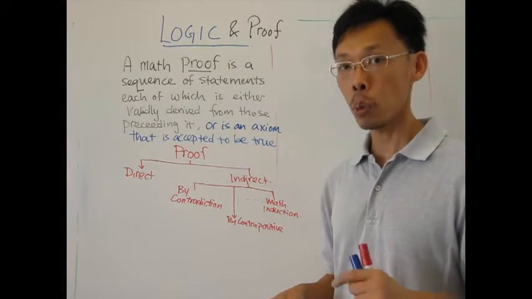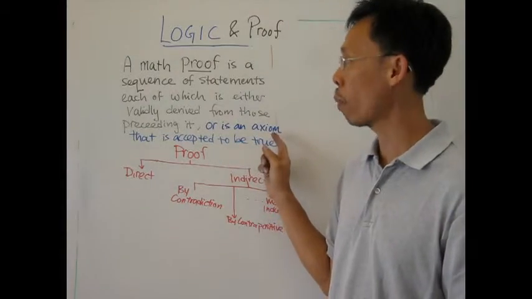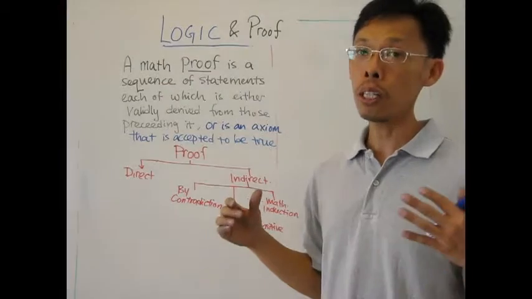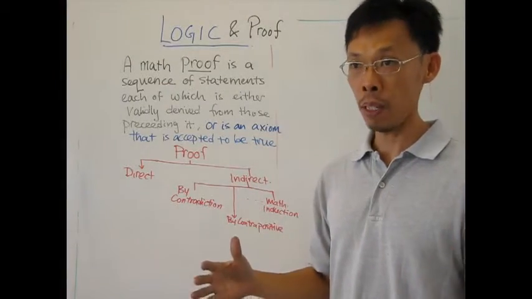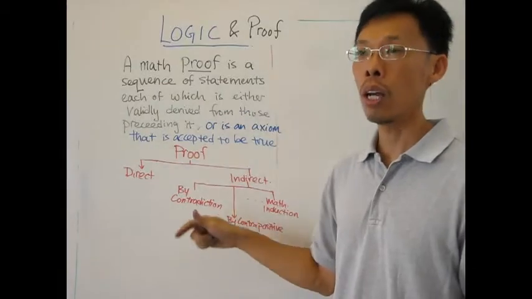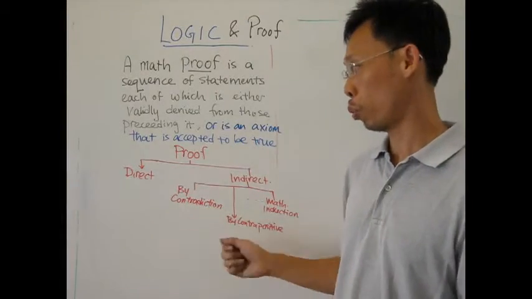The shortest distance between 2 points is a straight line. Those are axioms, for example. Okay? So a mathematical proof is a series of statements which is true. And then when you come to the conclusion, hopefully that particular conclusion is also true.